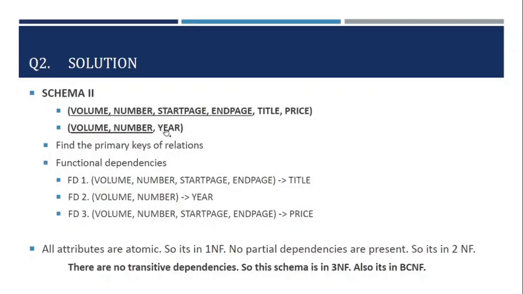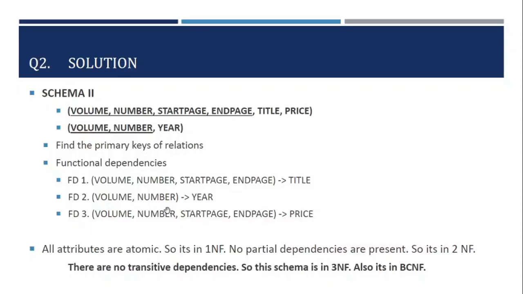If you look at the primary key for the second table, it is the combination of volume and number. Whereas the primary key for the first table is volume, number, start page and end page. Title depends on the entire primary key according to FD1, and price also depends on the entire primary key according to FD3.